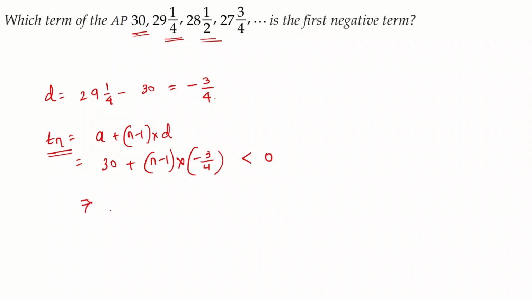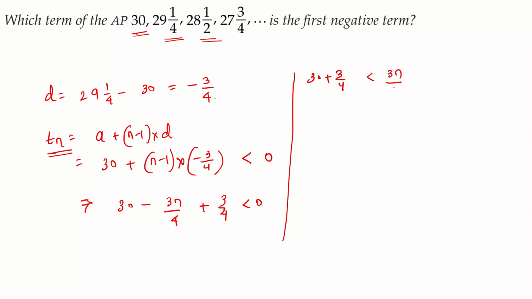So this gives us 30 minus 3n/4 plus 3/4 less than 0. Let's simplify and take n on one side and all the other terms on the other side. So 30 plus 3/4 less than 3n/4. 4 3s are 12, 123/4 less than 3n/4. 4 and 4 cancel out.